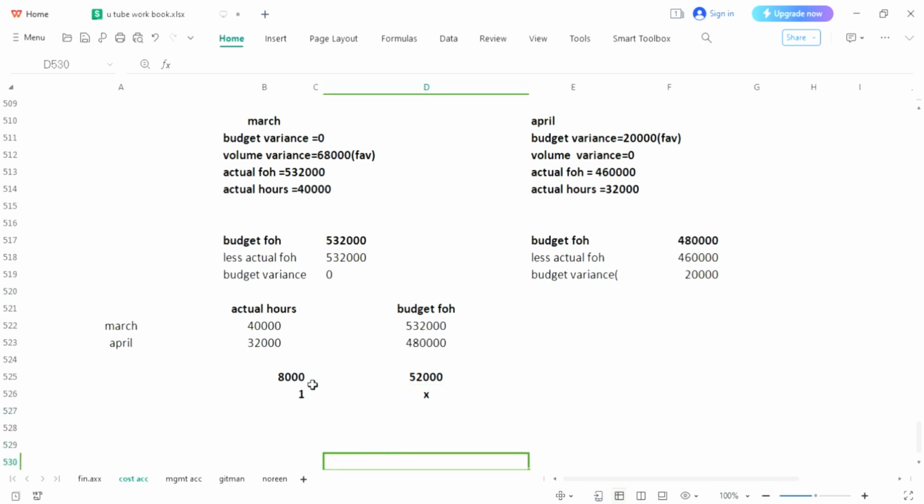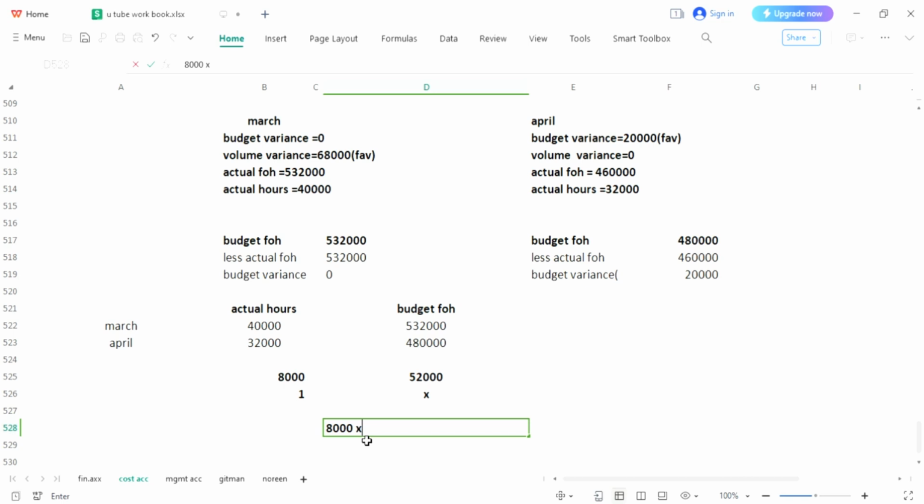If you multiply 8,000 and x, you will get 8,000x, which is equal to 1 multiplied by 52,000. So we have 52,000 over here.